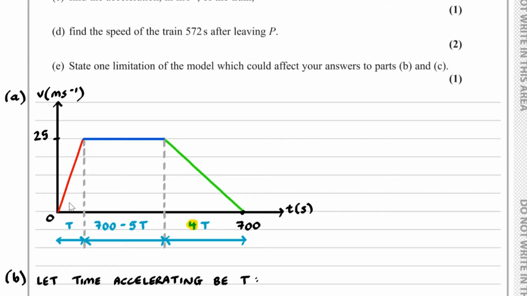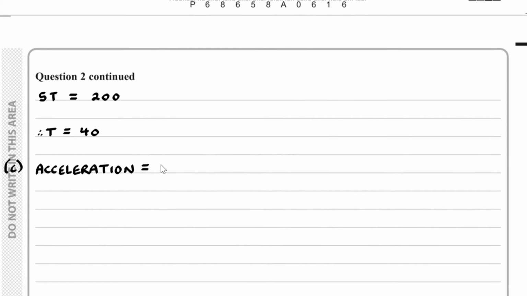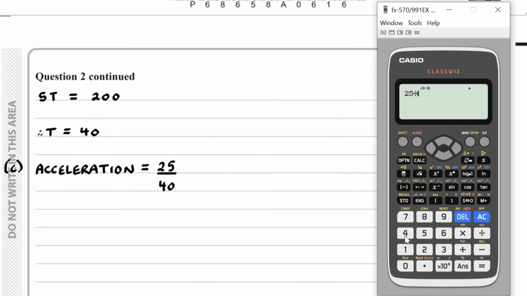So we have 25 over t for the acceleration, but we know what t is, that's 40. So the acceleration is 25 over 40, and it turns out the acceleration then is 0.625 meters per second squared.